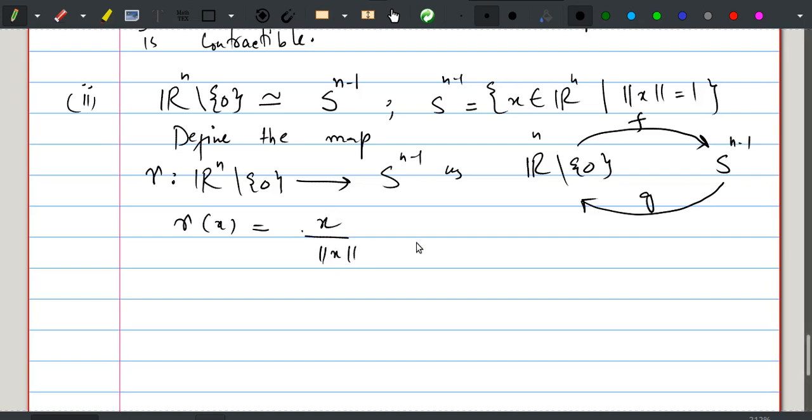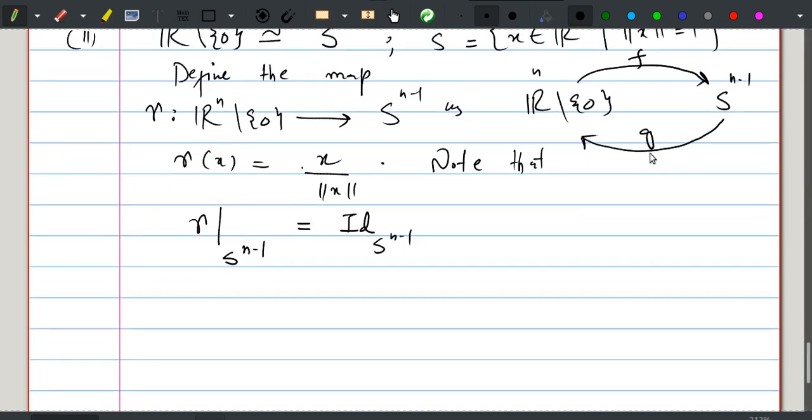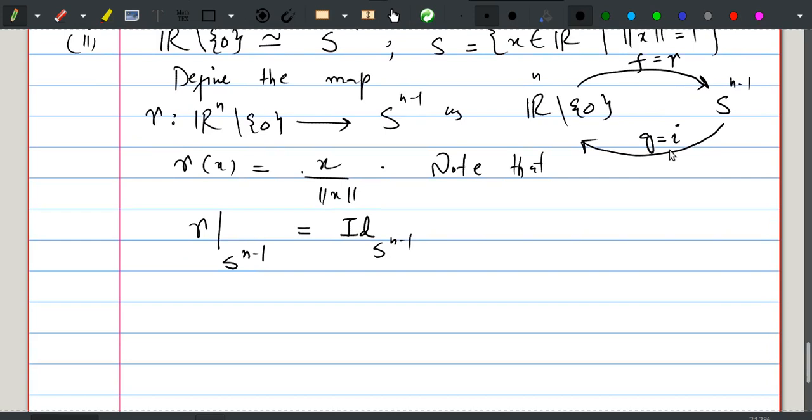Obviously, note that when we restrict R to Sn minus 1, we get just the identity map on Sn minus 1. So if we take G to be the inclusion map and F to be the R, then we are done.